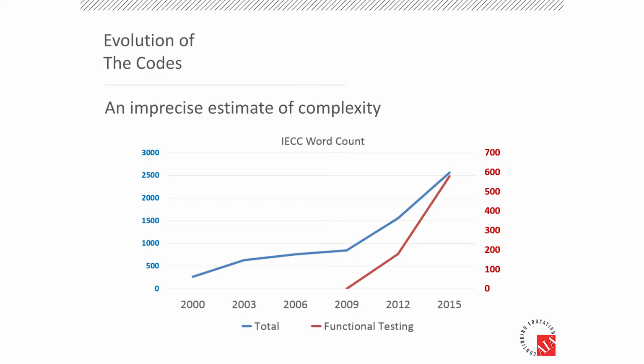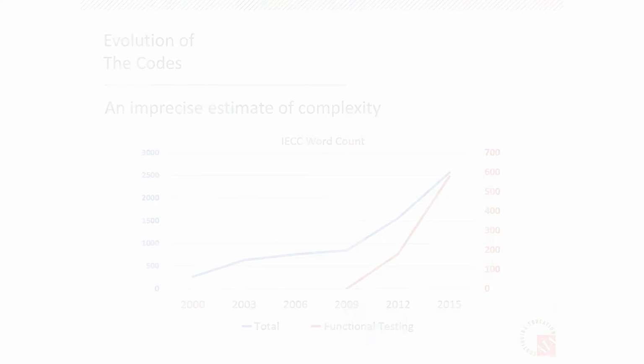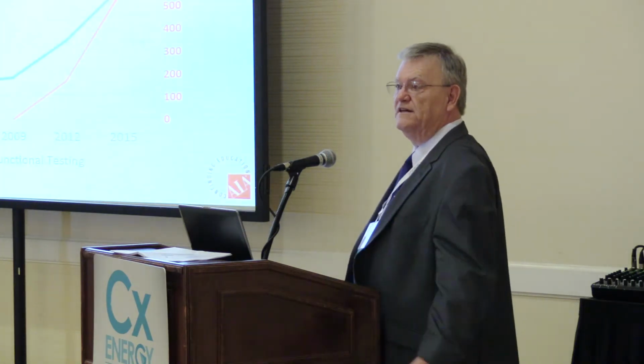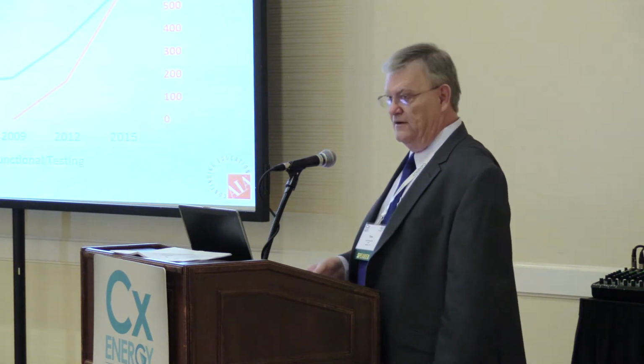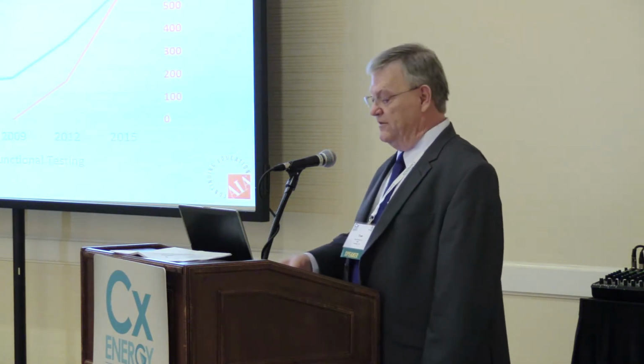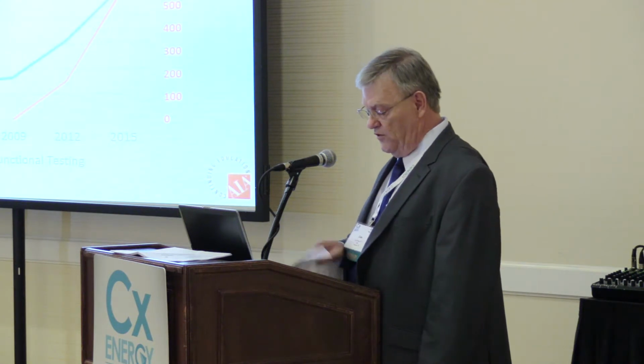I mean, 600 words isn't much, but at the rate it's going it's going to change quite rapidly. We've got an exponential curve here. And if we looked at California Title 24 and its requirements for functional testing, if I plotted them on this graph, they would be up on the top of the second floor. They're about 10,000 words. Now, words don't mean complexity, but it's certainly not going to be complex by virtue of having fewer words.